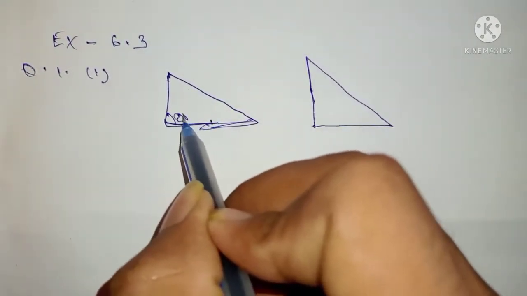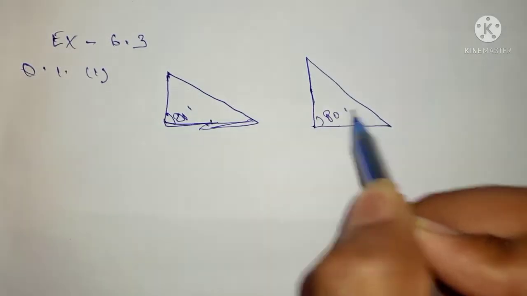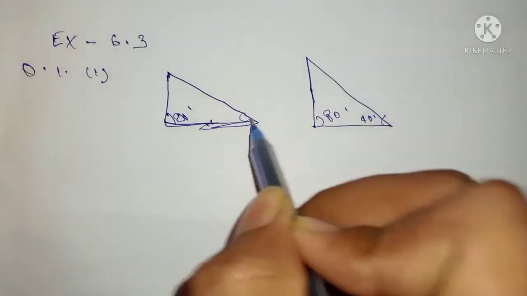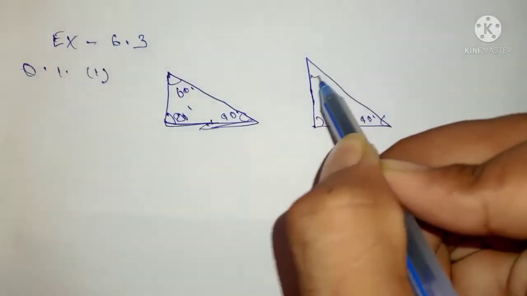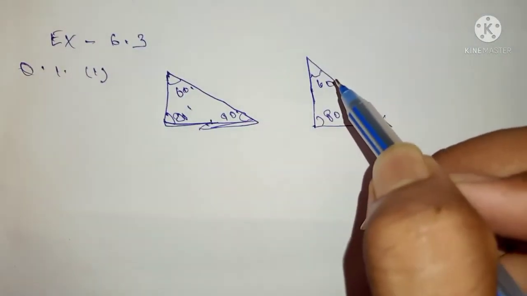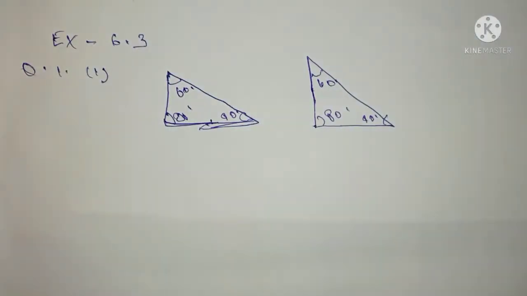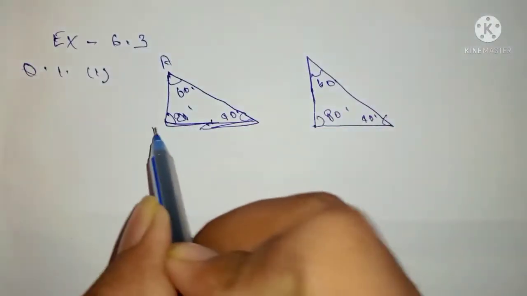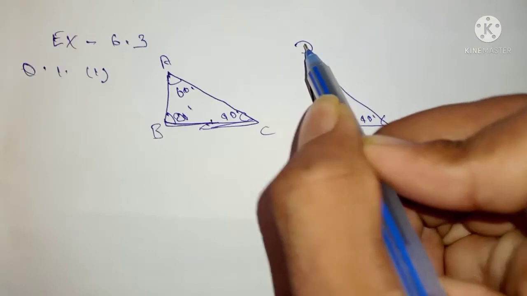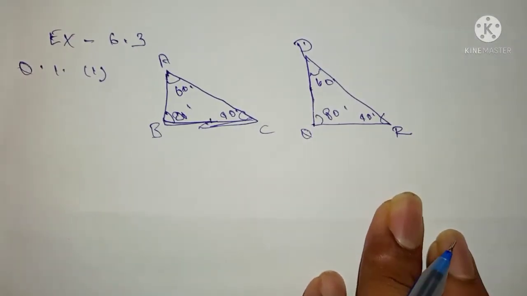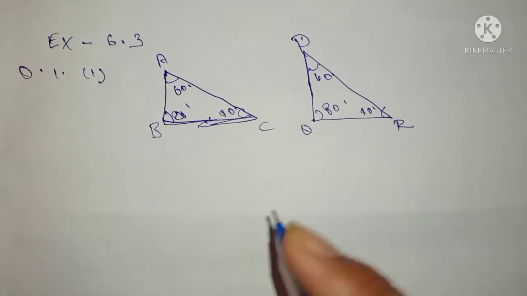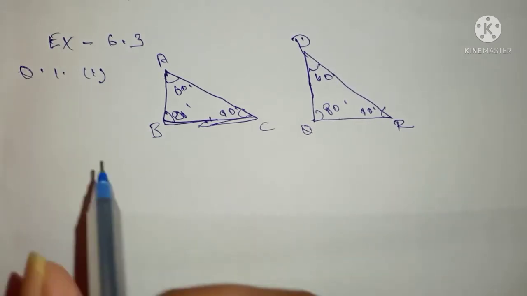This one is 80 centimeter, this one is 80 centimeter, this one is 40, here also 40, and 60 and 60. So A, B, C, P, Q, R. It is asked whether these triangles are similar, and by which criterion you can say.